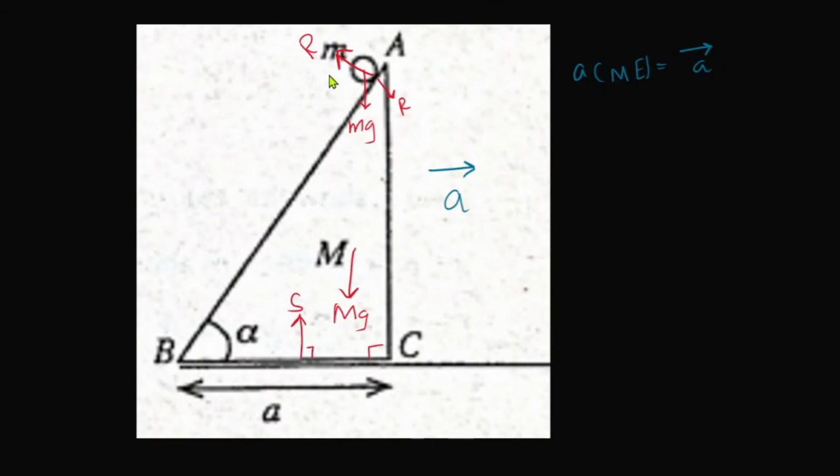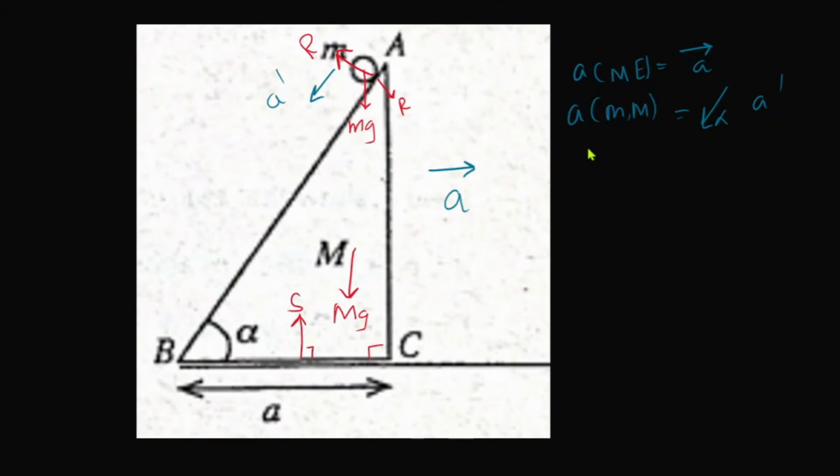Now let us consider the acceleration of the small m particle as A dash. It is the acceleration of the particle relative to the wedge, because the particle lies on the wedge, and it is in this direction, alpha inclined, A dash.